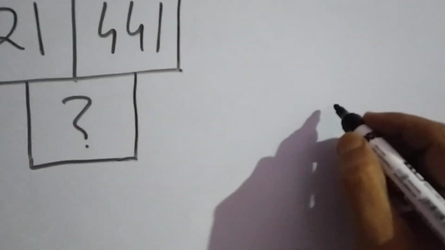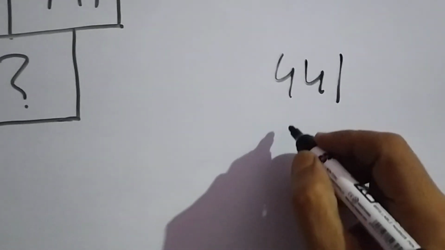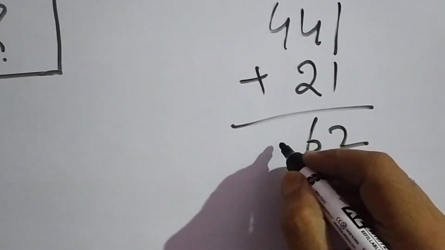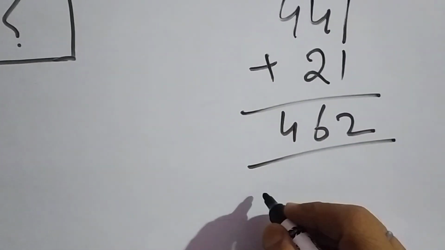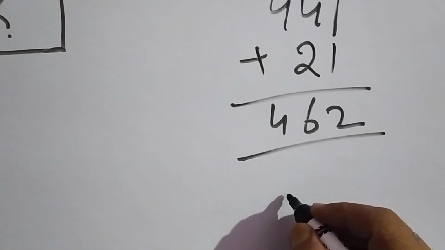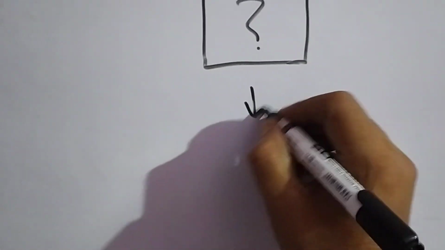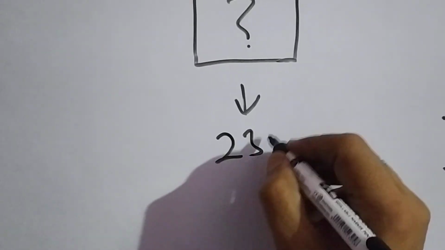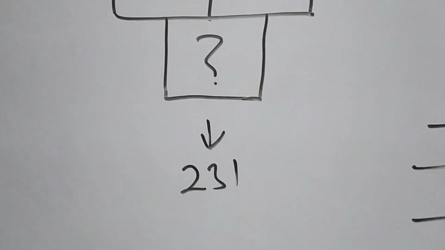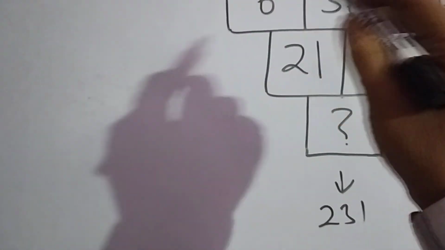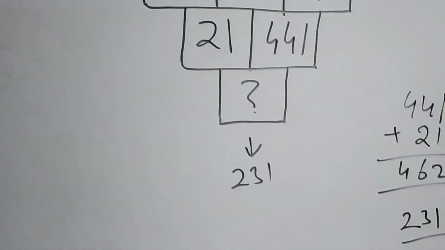That is 441 plus 21, 462 divided by 2, it will be 231. Suppose here it comes 231, but you have to cross-check whether it is correct or not by following the pattern in the rows.